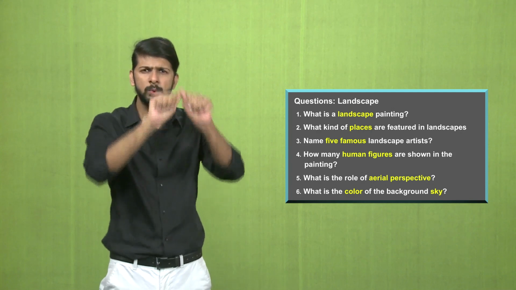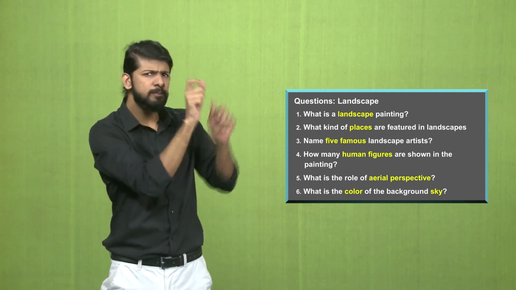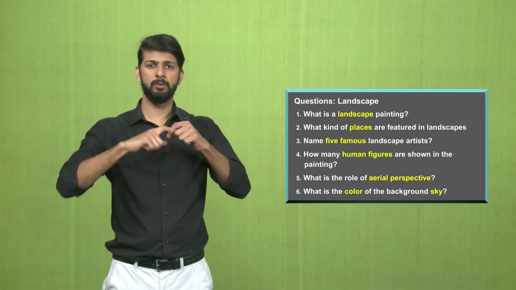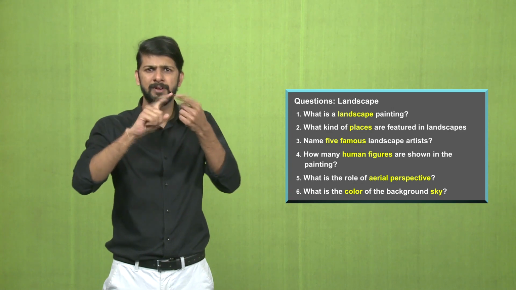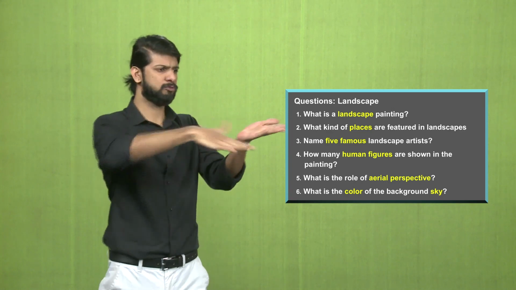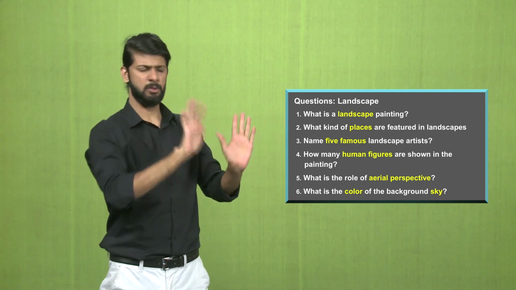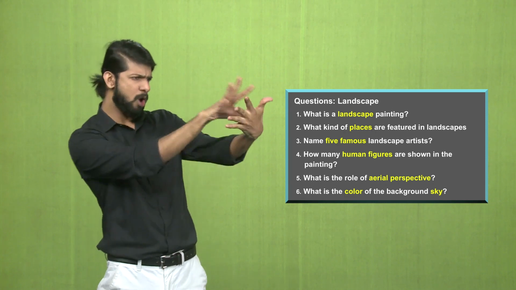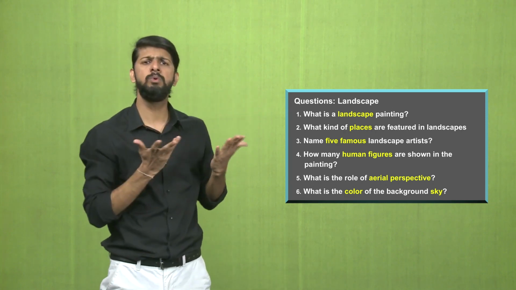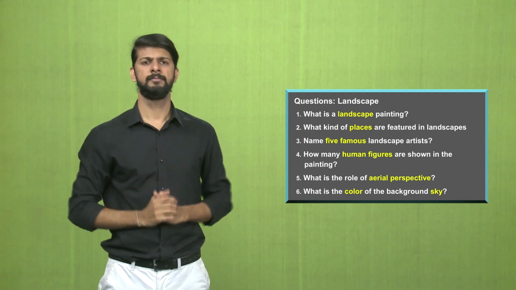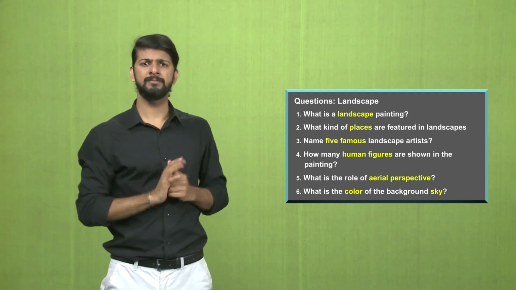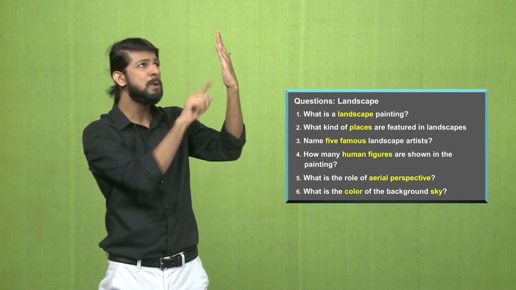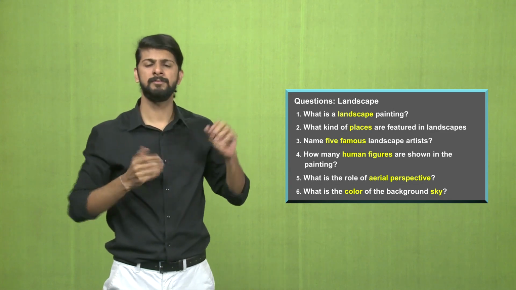How many human figures are shown in this painting? Question number 5. What is the role of the aerial perspective? Question number 6. What is the color of the background sky?